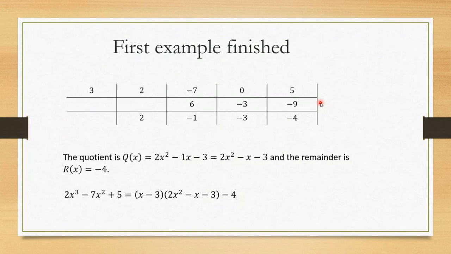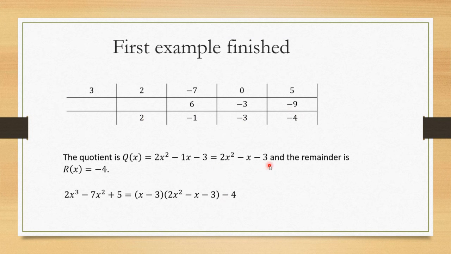So the remainder is this last term. Here the remainder is -4. The quotient is 1 degree less than the degree of the dividend, which is degree 3. These are the coefficients of the quotient: 2x squared minus x minus 3.